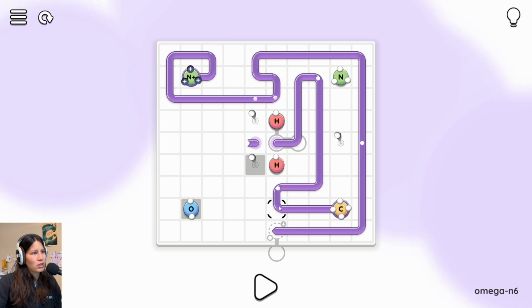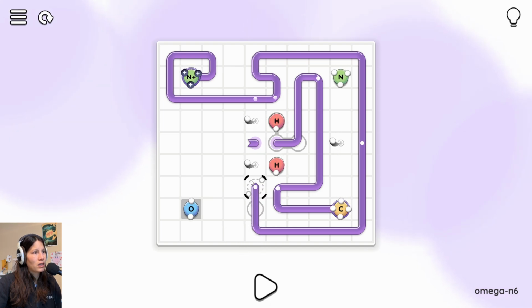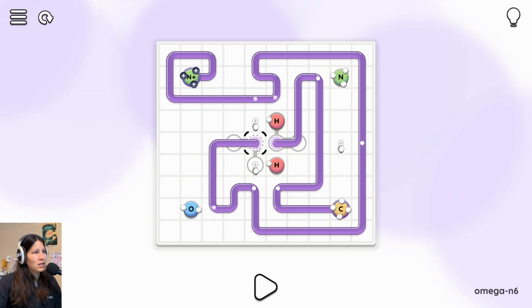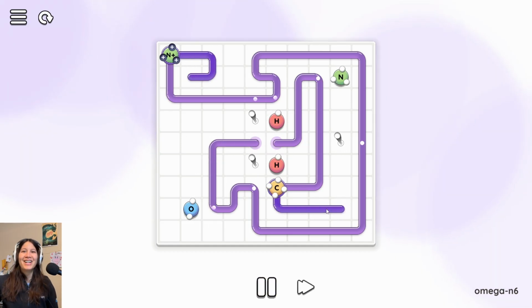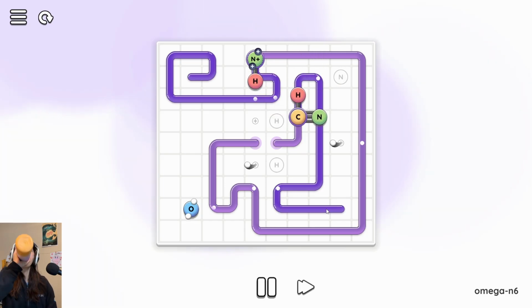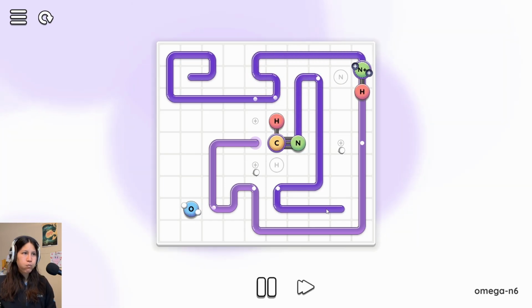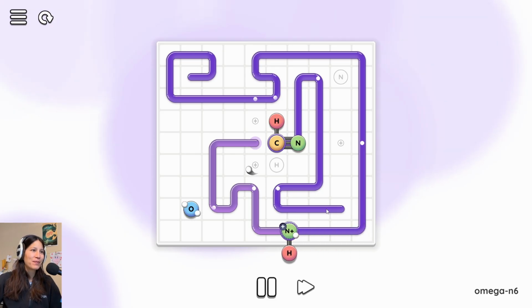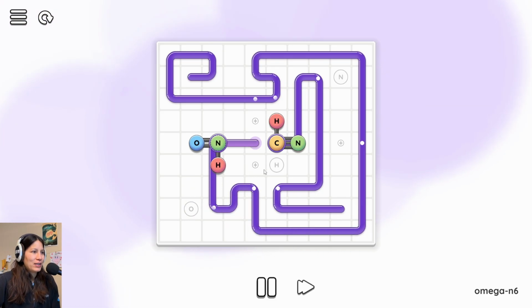Okay, so then this can go this way. And so that picked up a hydrogen. Oh, okay. Is this it? I think I got it. All right. So I needed the extra bit to be able to make this get out of the way first. Tricky.